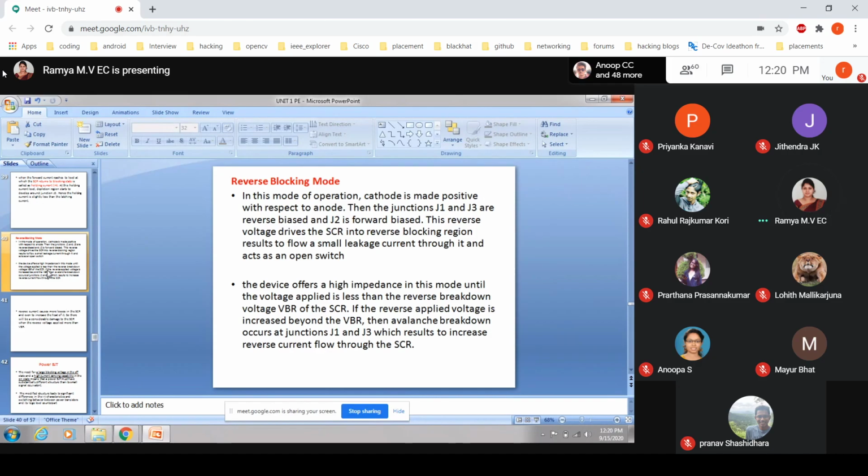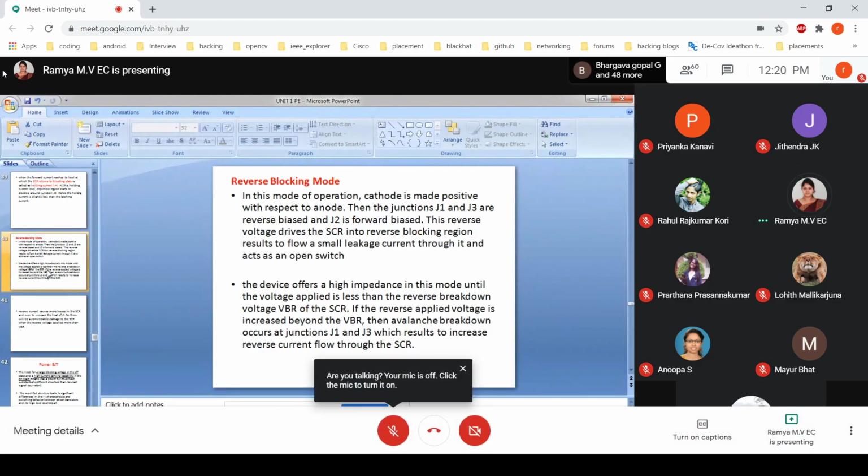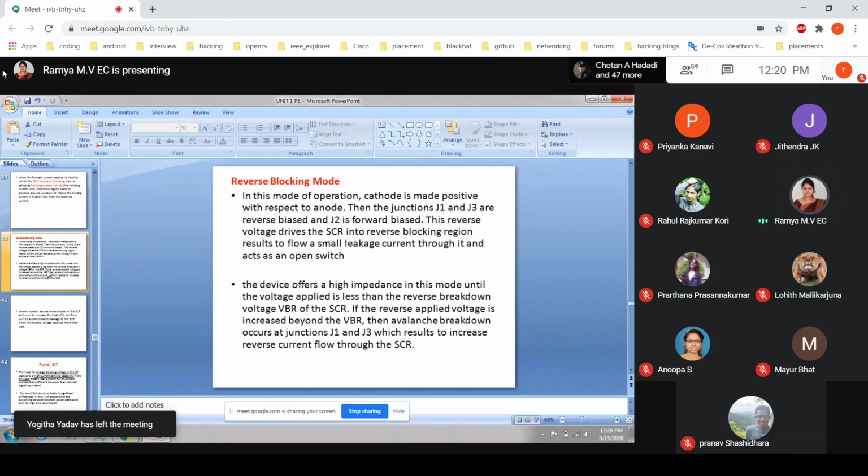In the reverse blocking mode, we have three junctions: J2 will be forward biased, J1 and J3 will be reverse biased, and it acts as an open switch. Even a diode in reverse bias acts like an open switch. Similar here, there will be a small leakage current, but it offers high resistance. That remains the same.